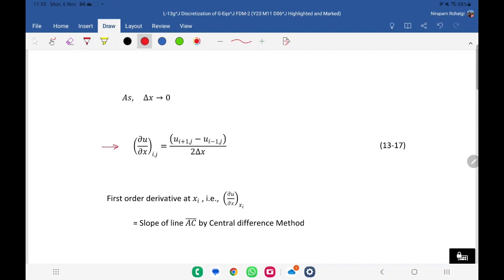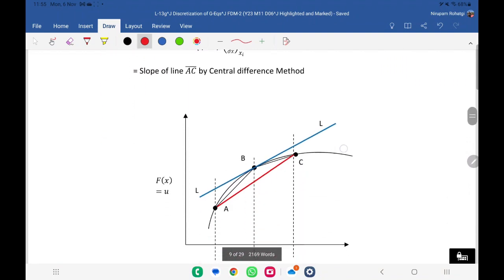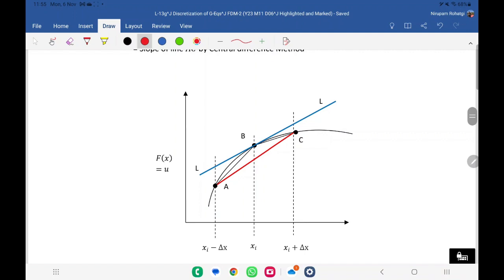So there are 3 ways by which you can write the first derivative: forward and the current point, the current point and the backward point, and forward and backward point. The first 2 give you only order of error 1, but the third one gives you order of error 2. So that is your better equation, and you can see here which one is giving you the best error.